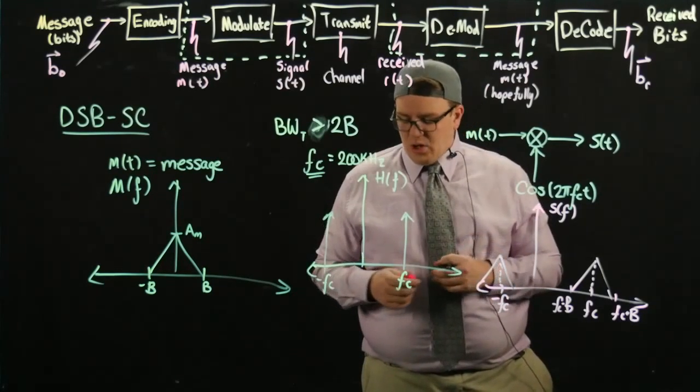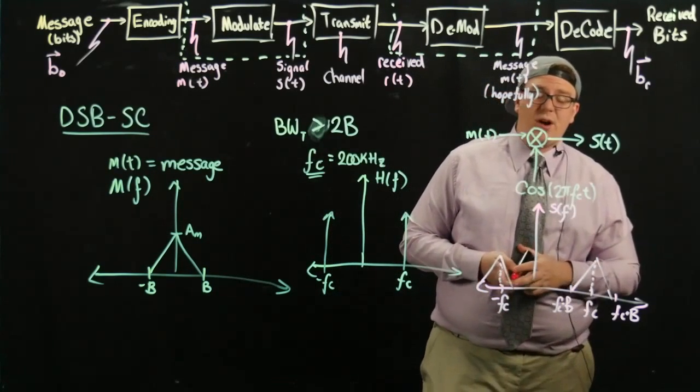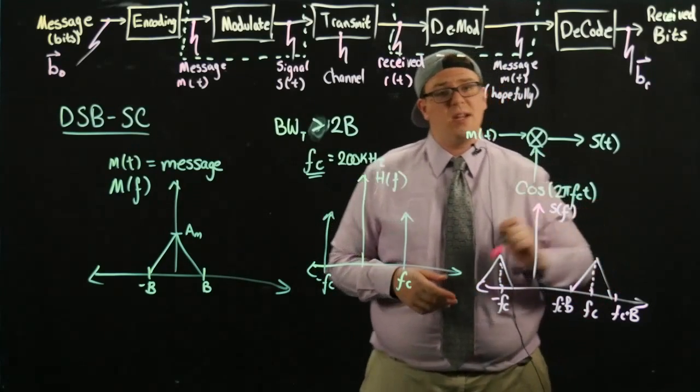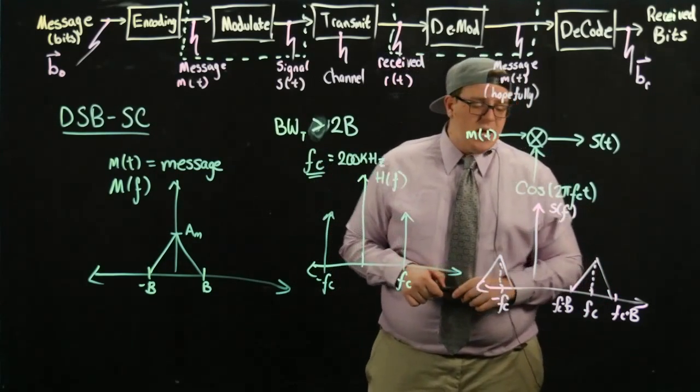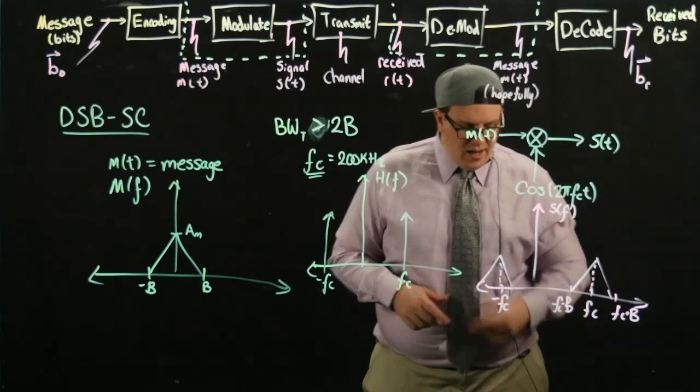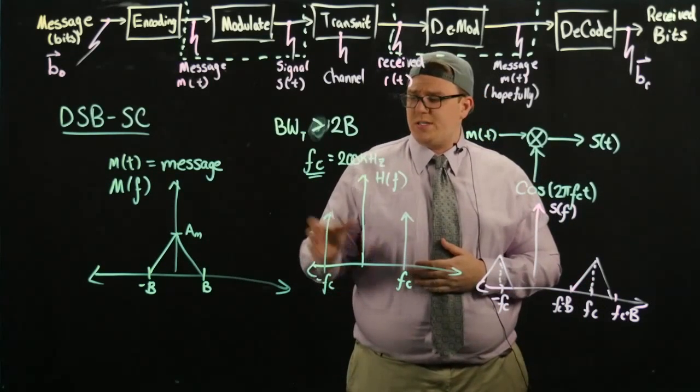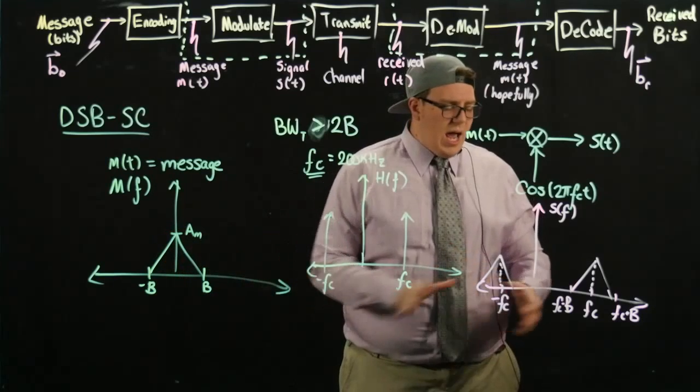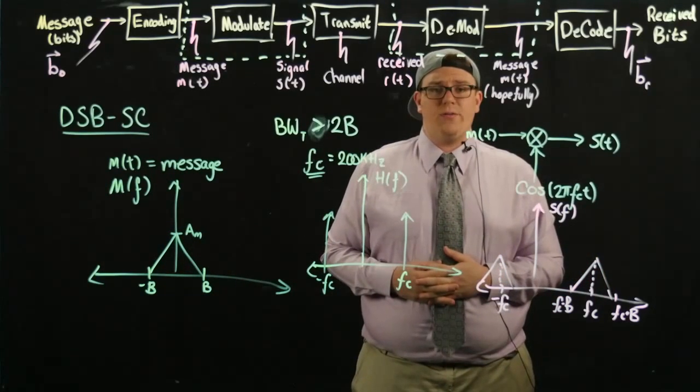So we've actually doubled our bandwidth, which is not very good, which is why DSB-SC is not used directly in most systems. But it accomplished what we were looking for, which was to put our message into the band at which we can transmit.